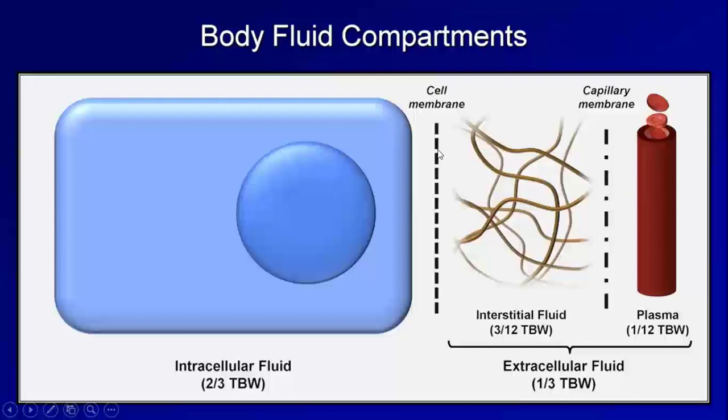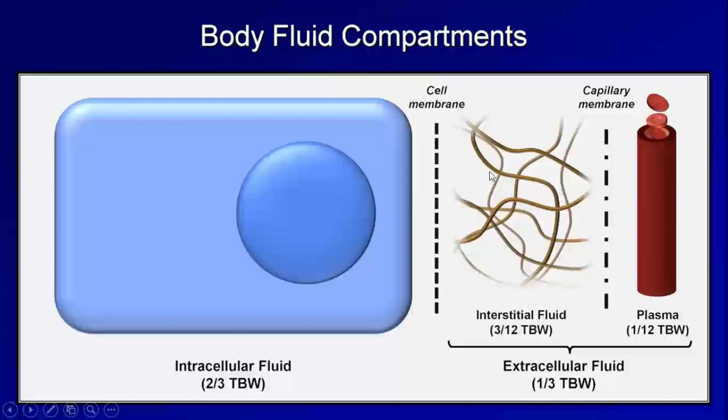And this is the second membrane, the cell membrane. The cell membrane is different from the capillary membrane, in that it's a tight membrane, not permeable to water and electrolytes or molecules, except if there is a specific osmotic gradient between the intracellular compartment and the extracellular compartment.